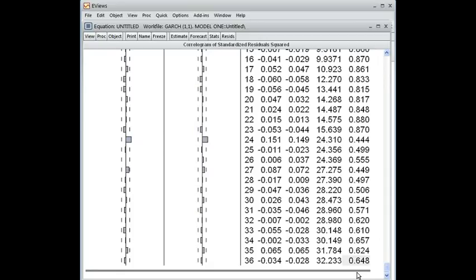Then we check whether this GARCH model has an ARCH effect. How to check?